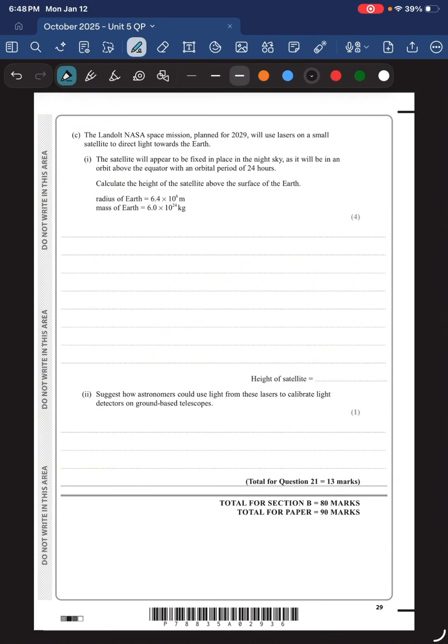Okay, so the gravitational attraction from the Earth is what provides the centripetal force for this satellite. So let me use a clean page.